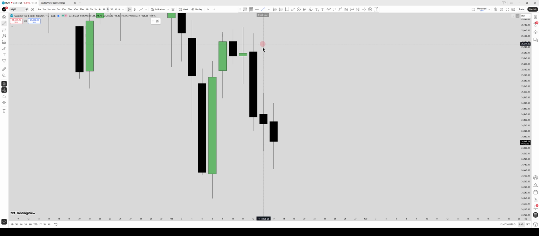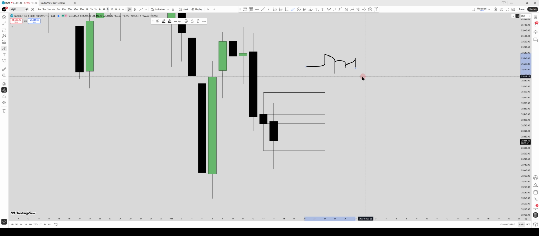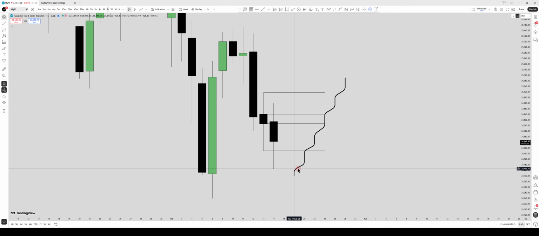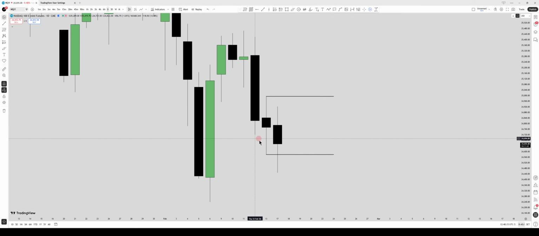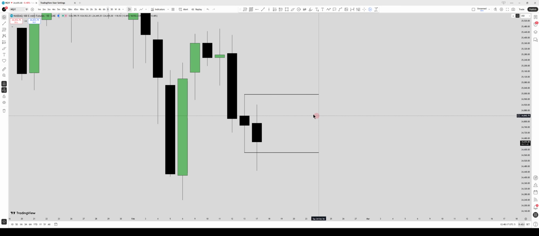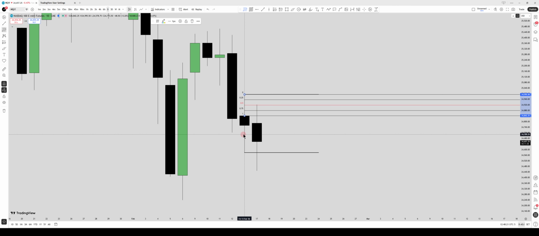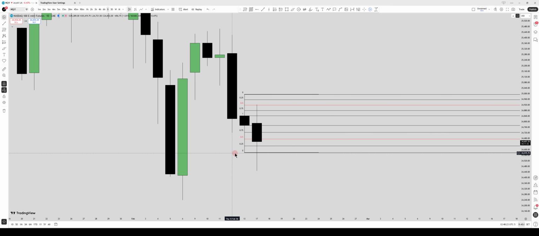As you can see, the candle opened here, closed here, low here, and high here, which is what this candle is, a consolidation candle. What I'm interested in is certain levels right here, which is the high, the low, the quadrants, and the quadrants right here.